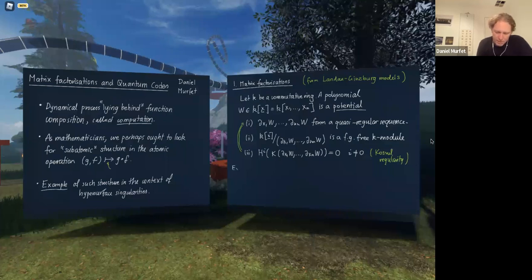Maybe that seems a bit technical, and it is. It's necessary for the general setting of commutative rings to set it up in this way. But if I just take a complex polynomial and I want to know a sufficient and useful condition for it to be a potential, you can just ask that the critical points, the points where all the partial derivatives of W vanish, form an isolated set, that it's 0-dimensional. And that's enough.